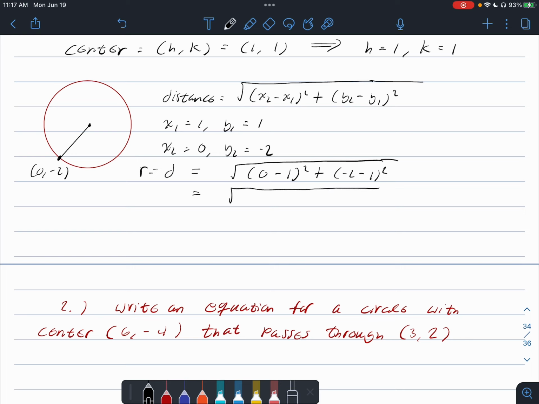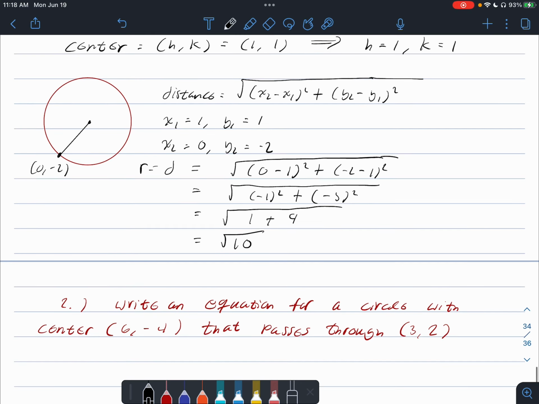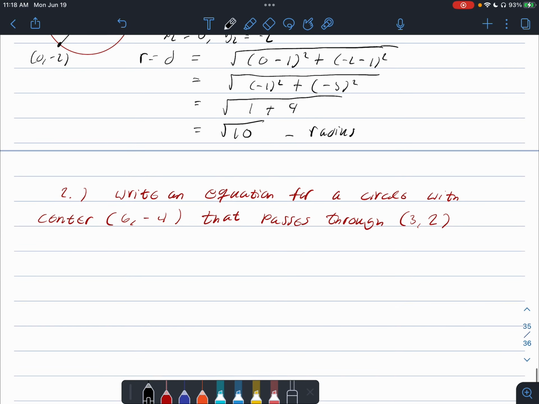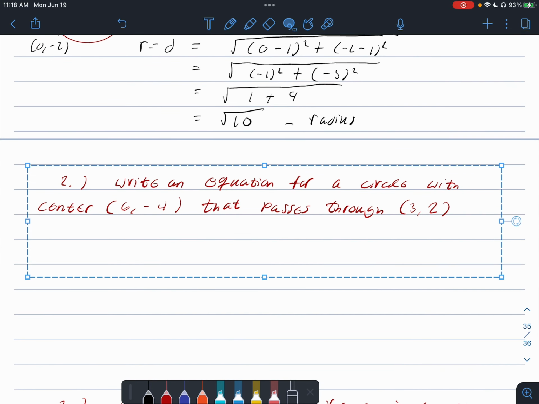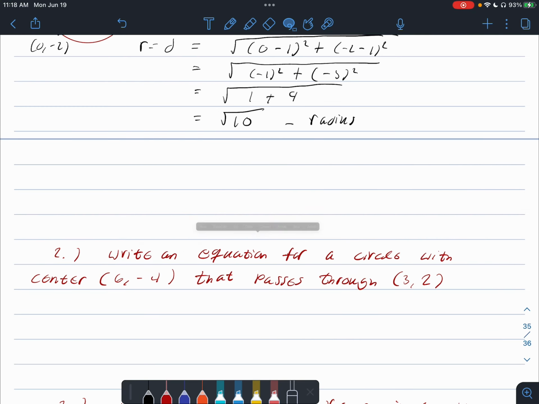We have the square root of (-1)^2 plus (-2 - 1), that's (-3)^2, which is the square root of just 1 plus 9, or the square root of 10. Okay, so we know that our radius is the square root of 10. So now we can actually write the equation for our circle.